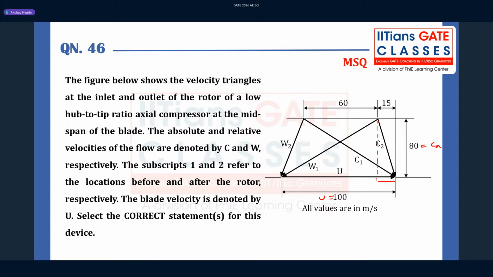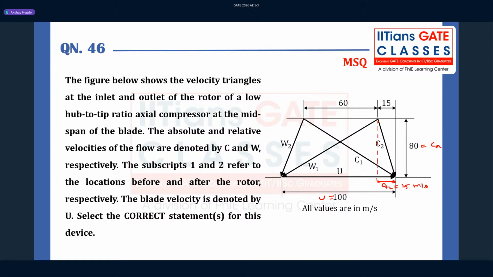So this length, that is what? That is the tangential component of absolute velocity c2. So I can write it as Ct2. That is 15 meter per second. So from here to here it is 60 plus 15, that is total 75.